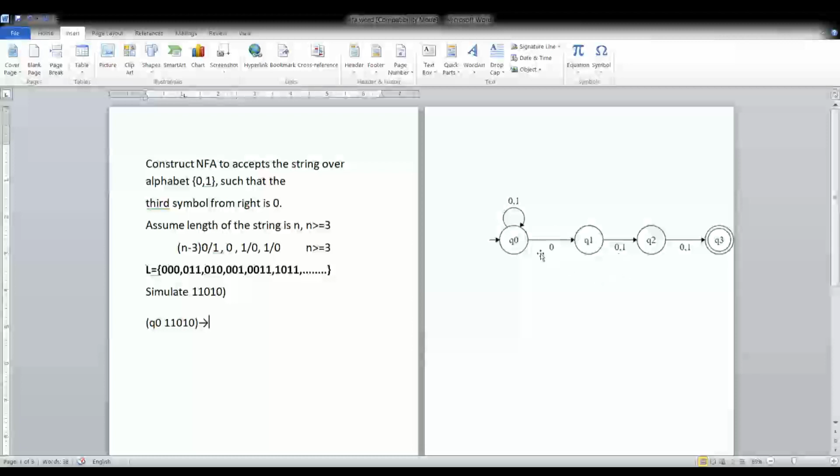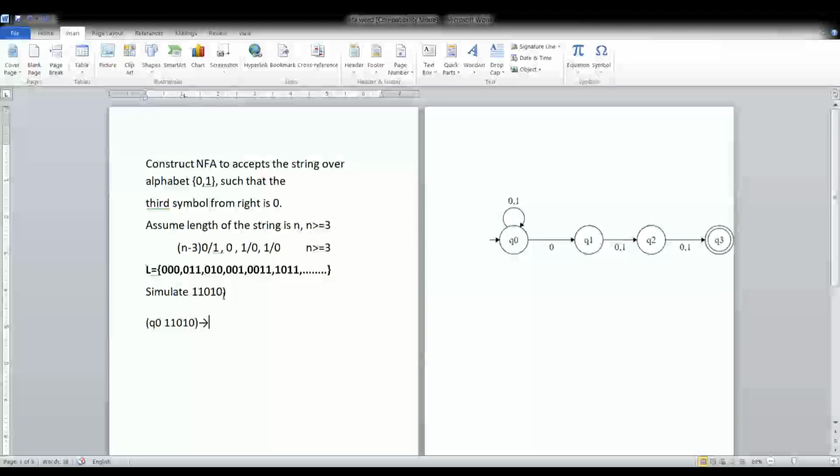There is no further transition on Q3 because we are ending at the last symbol, so all n minus 3 symbols are taken care of on Q0.